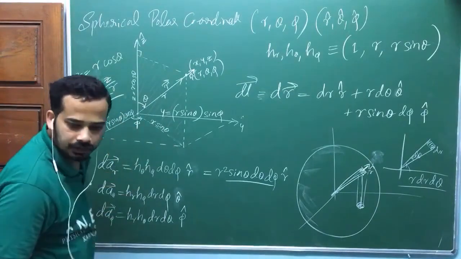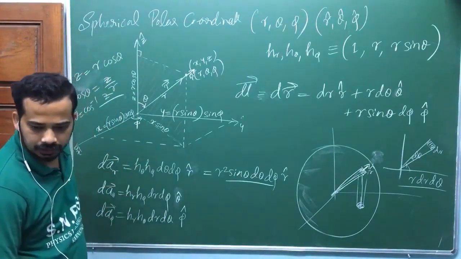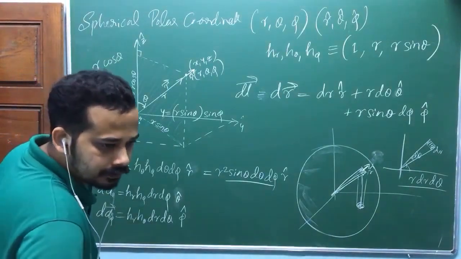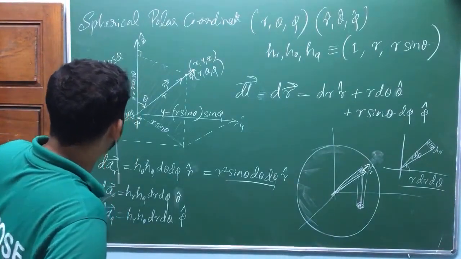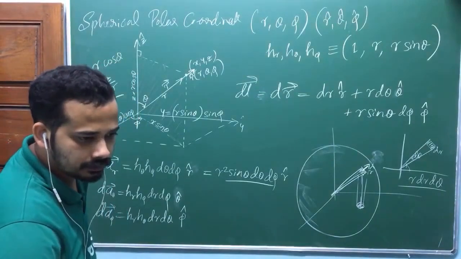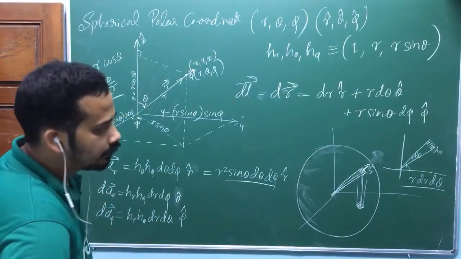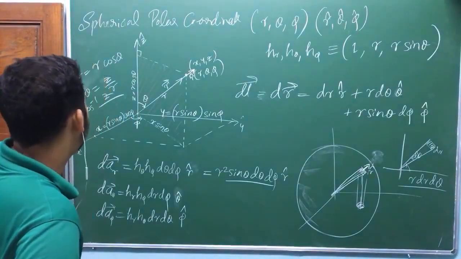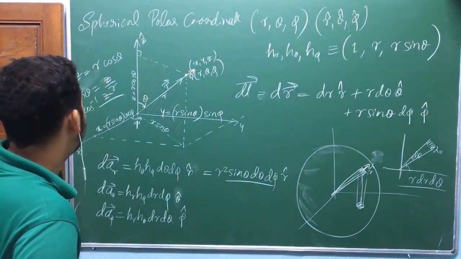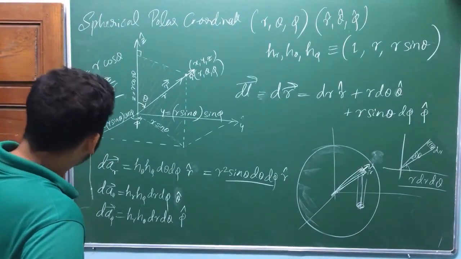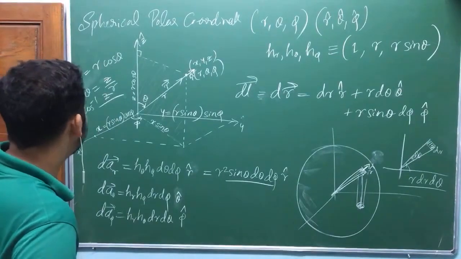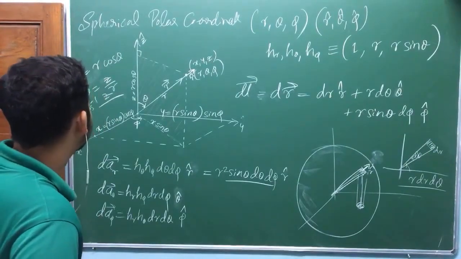You can write it in a different way also, okay? Whatever you are saying may also be correct. x square plus y square equals r square sin square theta. You can write the same thing in terms of tan theta, and then you can define tan inverse, isn't it?